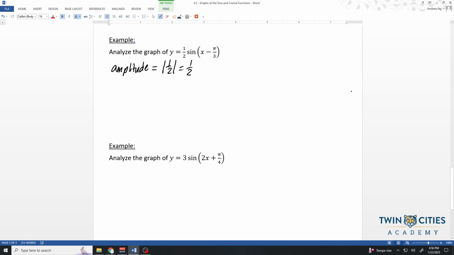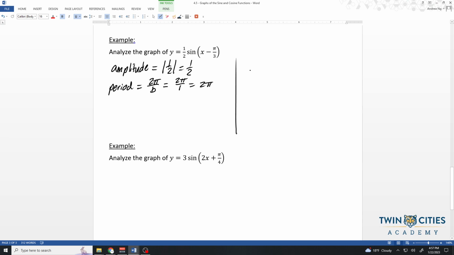Now the period, that's going to be 2 pi over 1, because it's looking at this number here. So it's 2 pi over b. Well, b is 1 here, so just 2 pi.